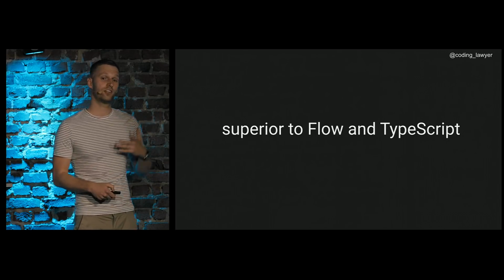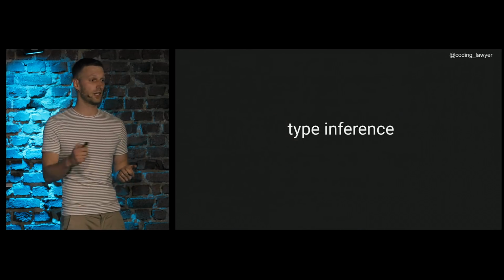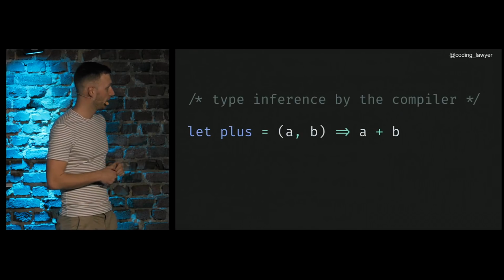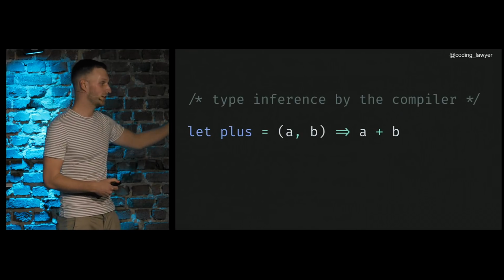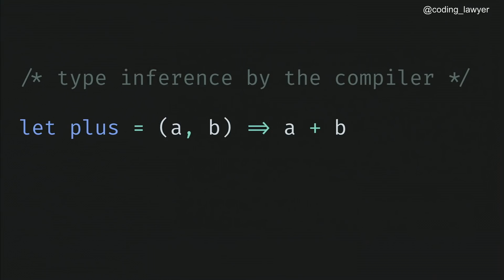However, having a type system doesn't mean you need to write the types all the time. If you don't want to write your types manually, Reason will infer them for you and figure them out for you. Let's take a look at an example. Here, this is Reason, but it looks like JavaScript, so you can see the similarity. We have a function that takes a and b and adds them together.